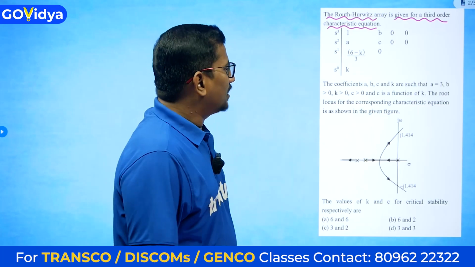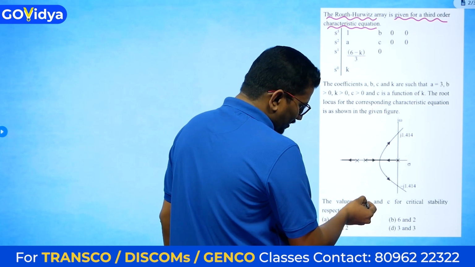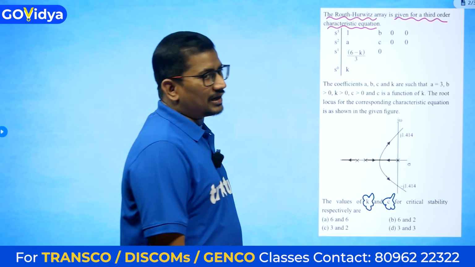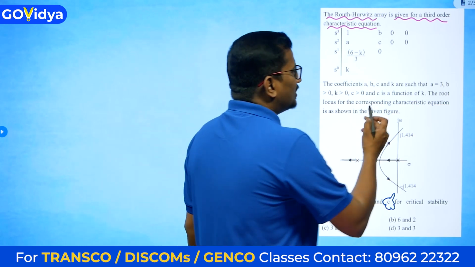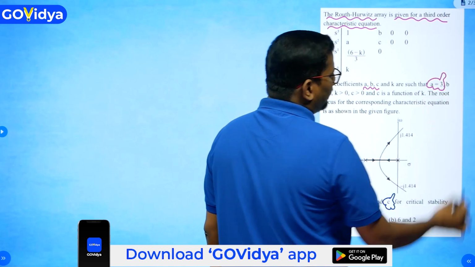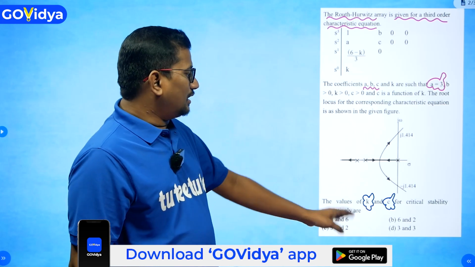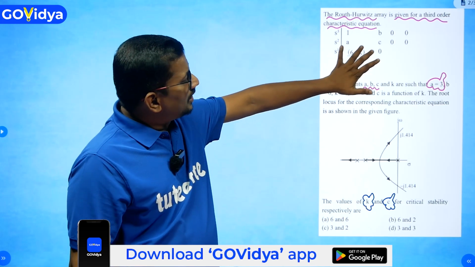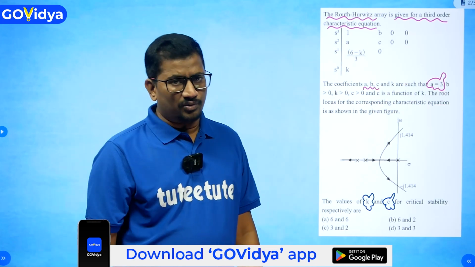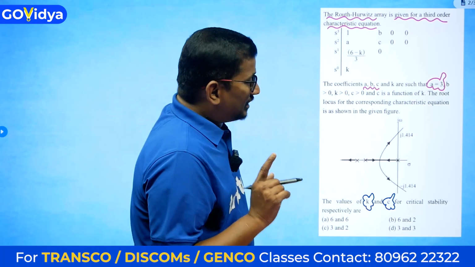What they are asking is the value of K and C. For the coefficients A, B, C, they have given the A value, but we don't know B and we don't know C. Anyway, A they have given, B we have to find out, and we will see how to find that.